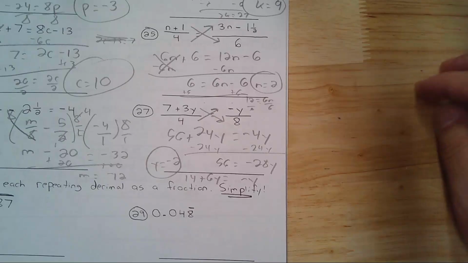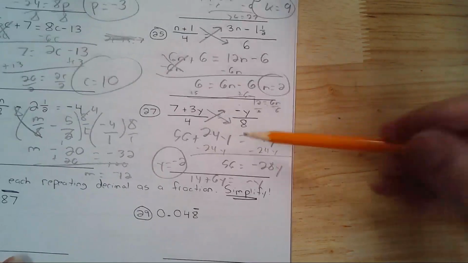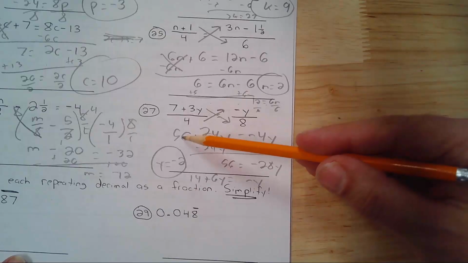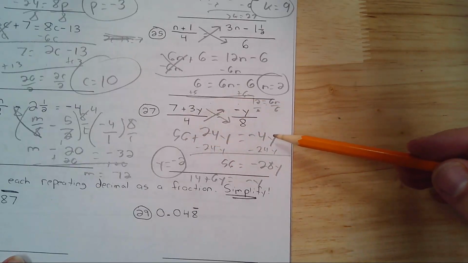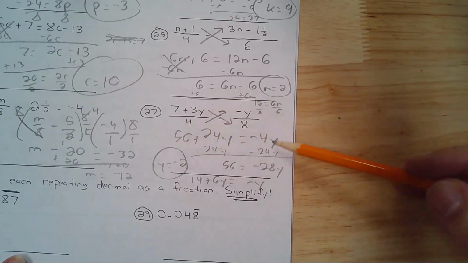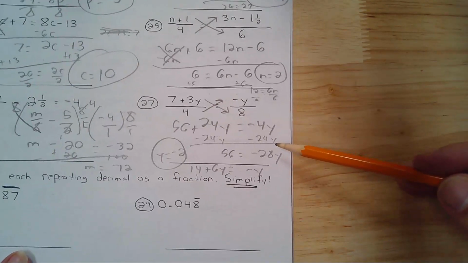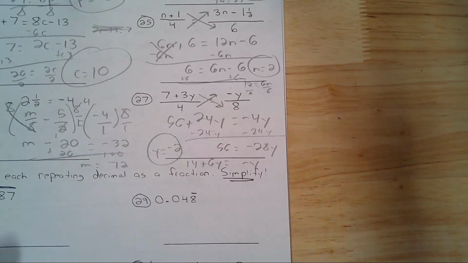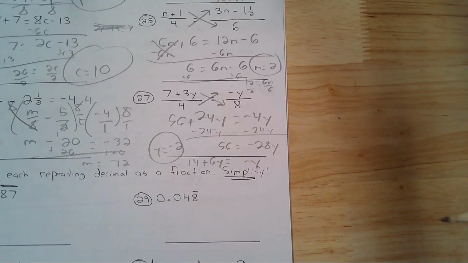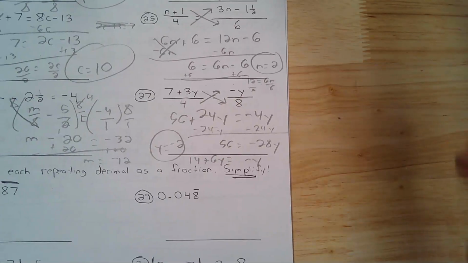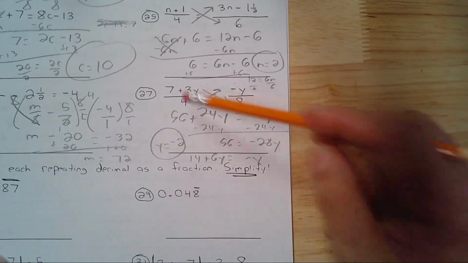You might have added and had nothing, then subtracted and realized you had to bring something over and switch the 56 back over. You could have done it that way. But if you get negative 2, then I like how you did it.